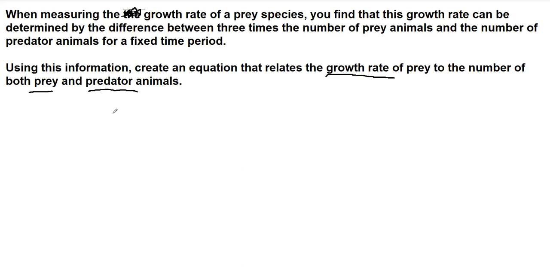Here there are 3 things that you don't know. You don't have a number for the growth rate, you don't have a number for the number of prey animals, and you don't have a number for the number of predator animals. The minute you've identified that, it suggests that whatever equation you are going to construct is going to contain 3 variables to deal with the 3 quantities you don't know.